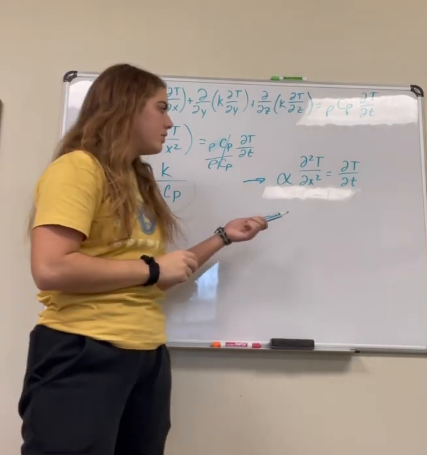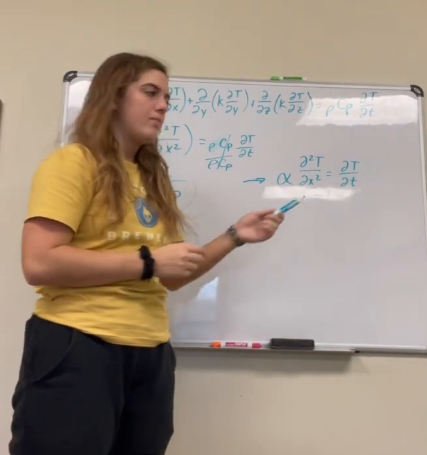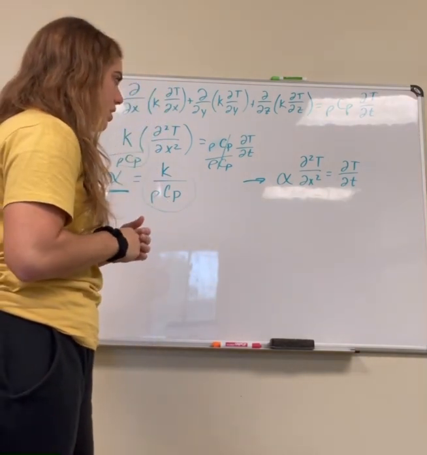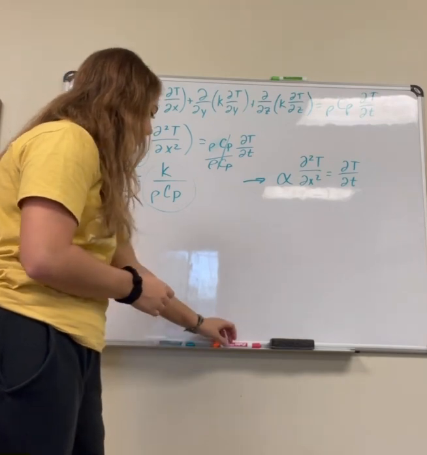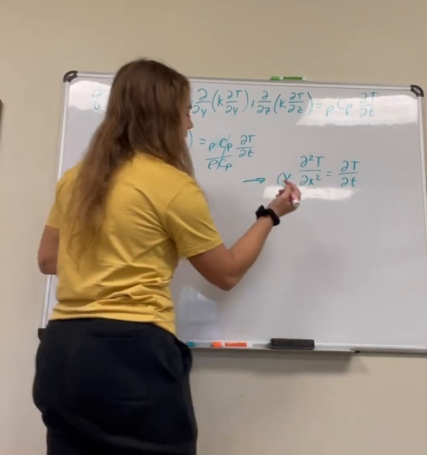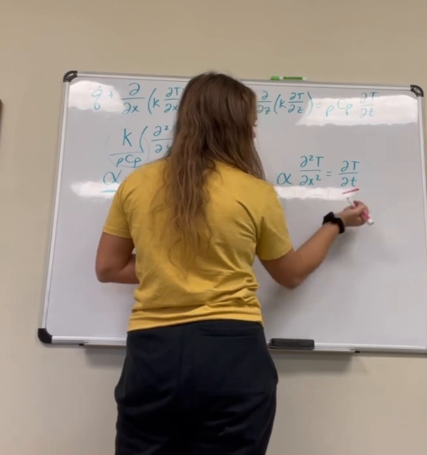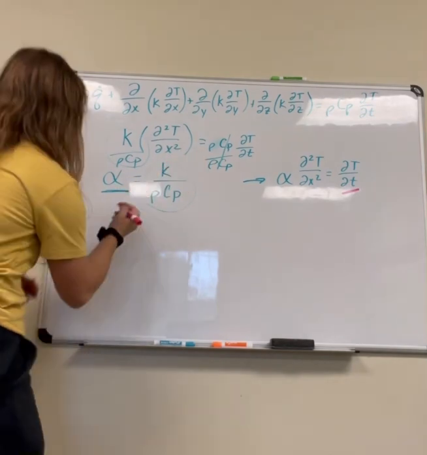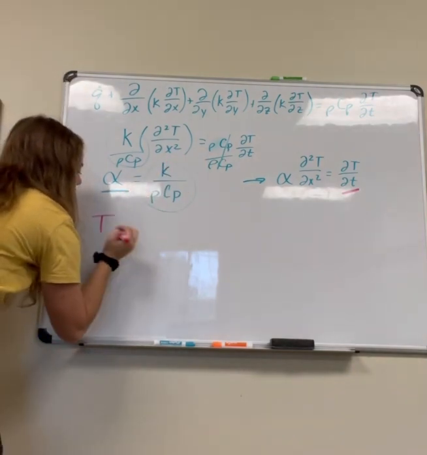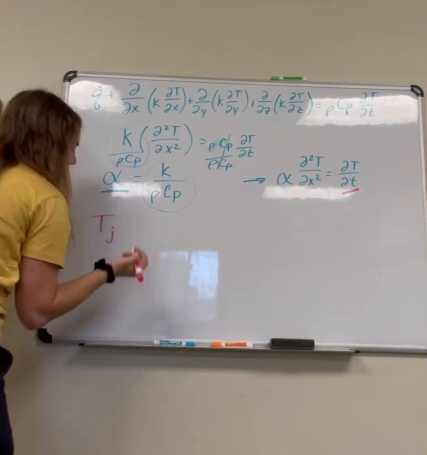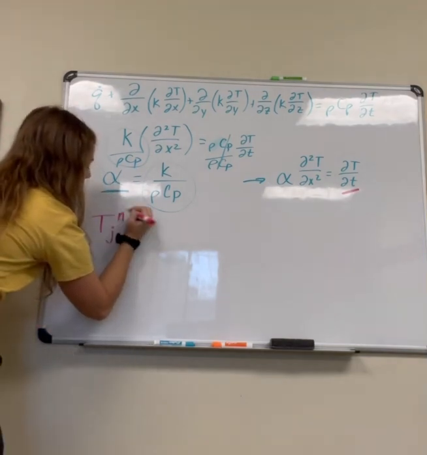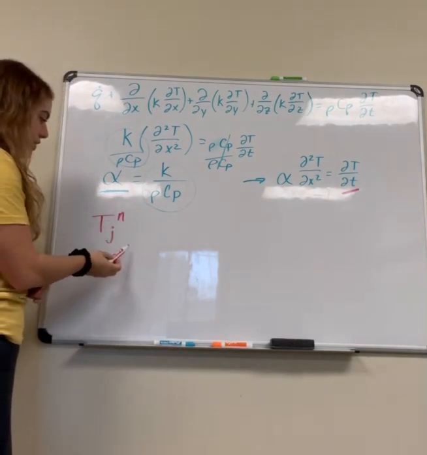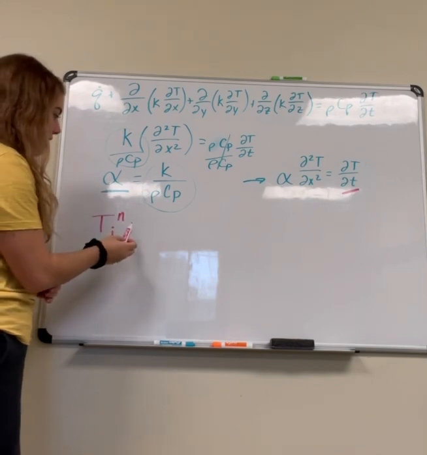Okay, and so then now looking at this equation, we can actually break each side down a little bit more. And so I will use some different colors here just to show what I'm talking about. So if we're looking at this side, we are going to be able to break that down into the temperature at a position j, and then at time n.